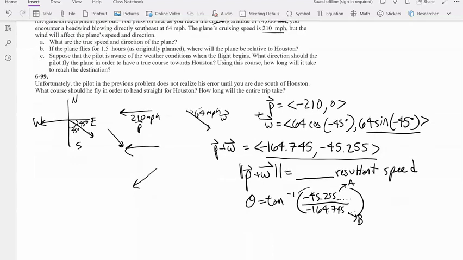Now, I want to remind you that tangent inverse will only give you answers in the first and fourth quadrant. This is clearly in the third quadrant, right? Because it's a negative. So when you plug this into your calculator, you're going to notice it gives you an angle in the first quadrant. It's going to give you something like this.